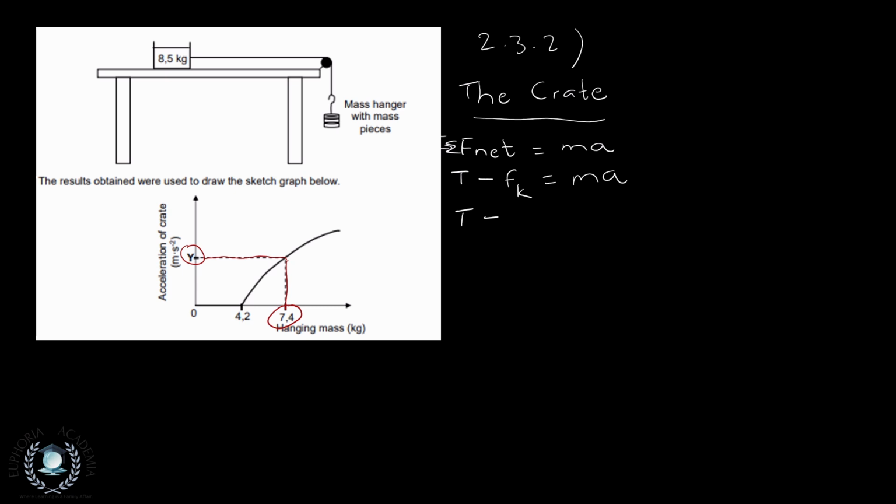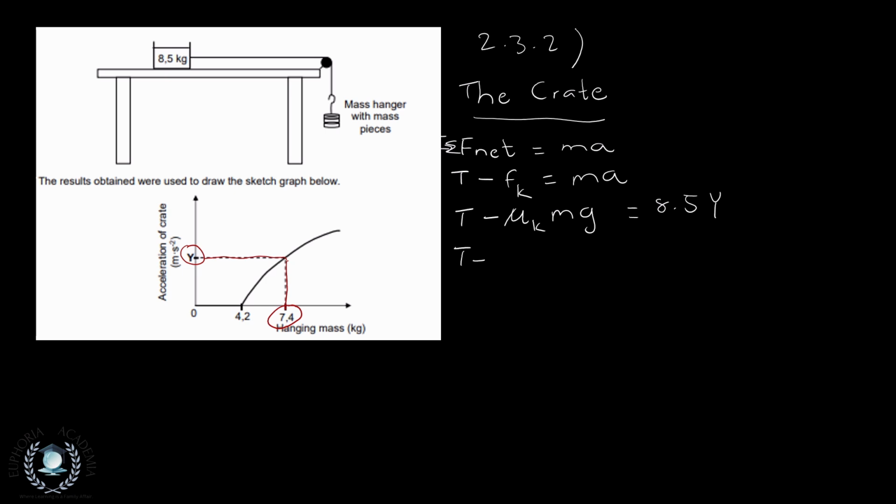So let's substitute what we have for Fk, which is our coefficient of kinetic friction multiplied to our mg, and our mass in this case is still 8.5. This is for the crate, and that is equal to the mass multiplied by our acceleration y.